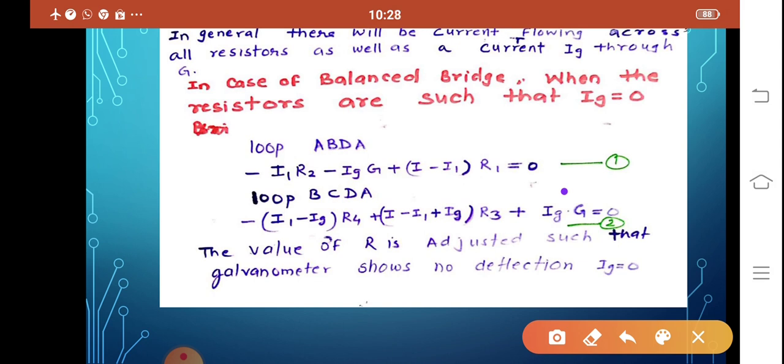The value of R is adjusted such that the galvanometer shows 0 deflection. Select the values of the other three resistors such that no current flows through the galvanometer. Ig will be 0.